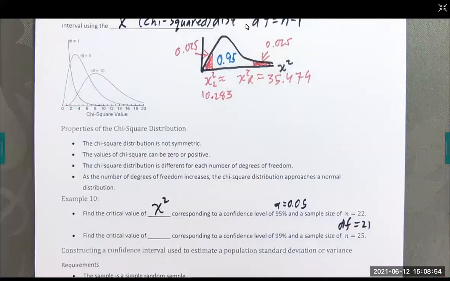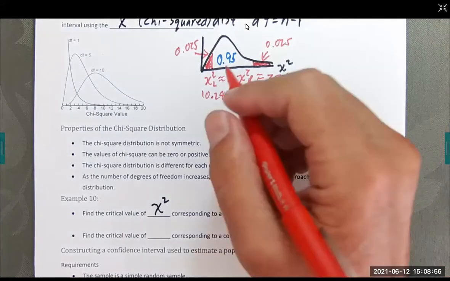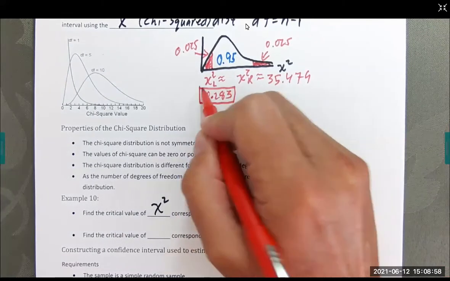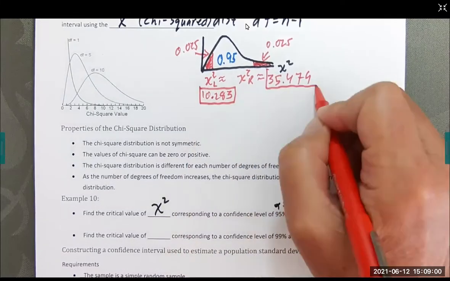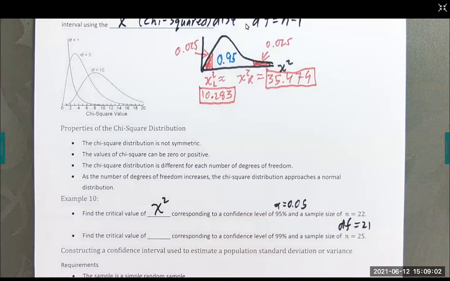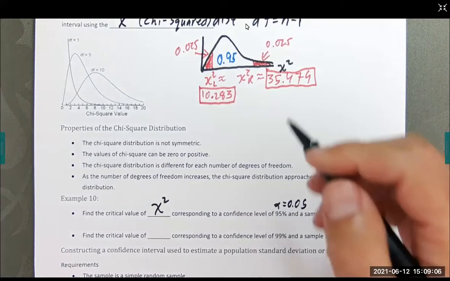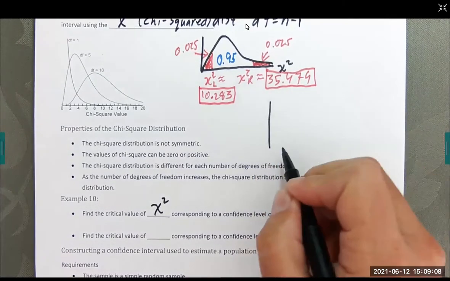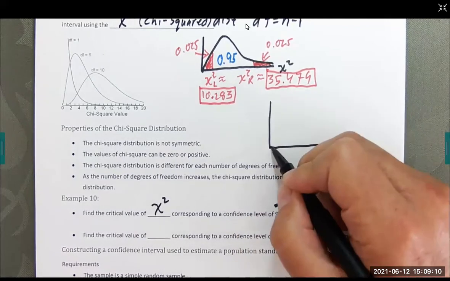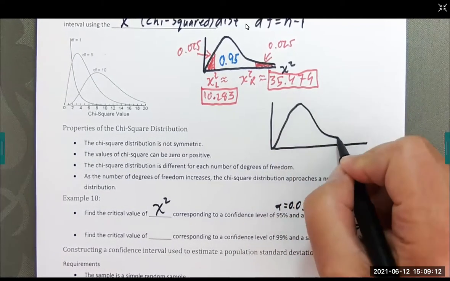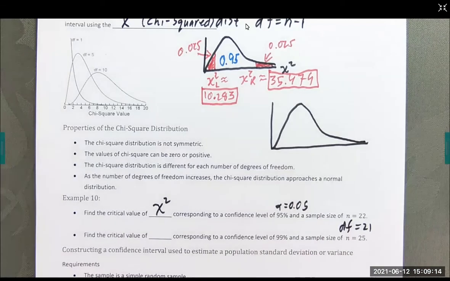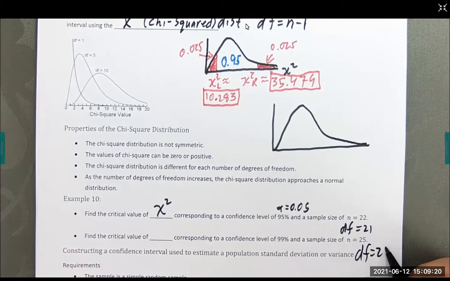All right. So here we are. The second part of example 10. Once again, I'm going to draw a chi-squared. And in this case, my degrees of freedom is 24.